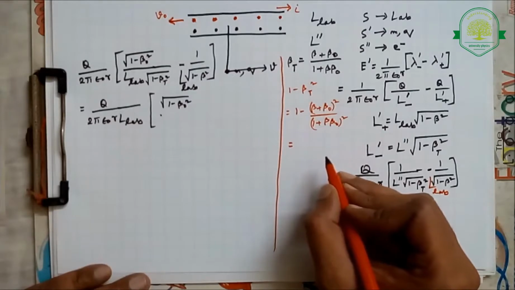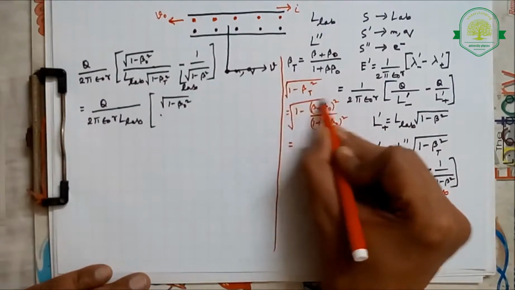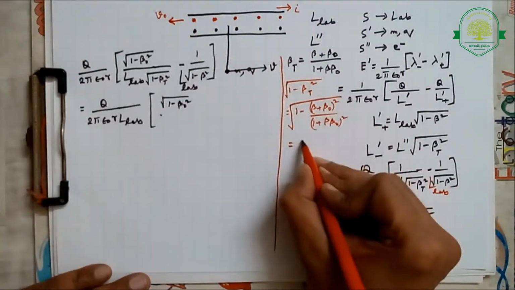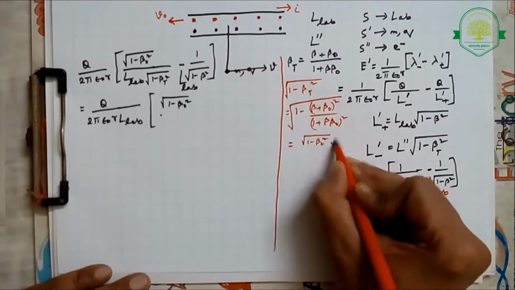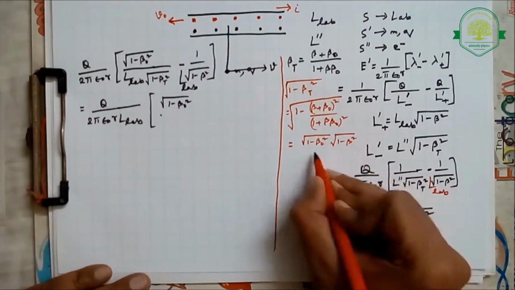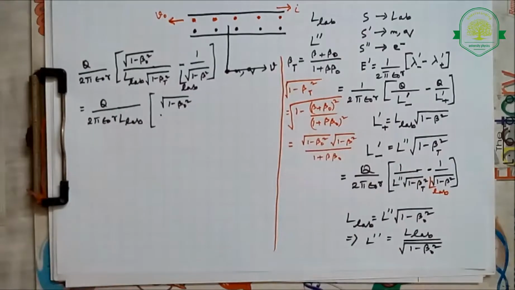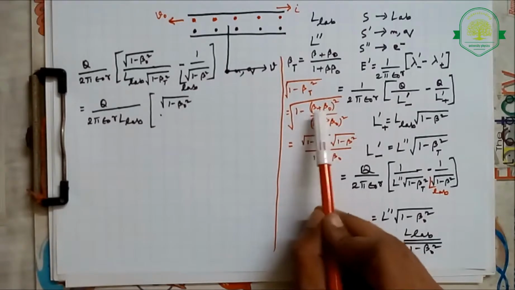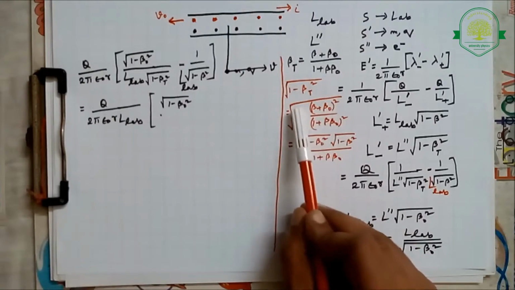So let me do that mentally if possible. If I do the square root also, in the end I'll get a square root of 1 minus beta naught squared times square root of 1 minus beta squared divided by 1 plus beta beta naught. All I've done is I've done the LCM here. The two beta naught terms have cancelled out, and I've got a minus beta squared over here, minus beta naught squared over here, a 1.